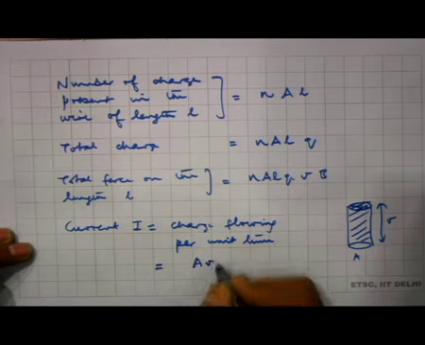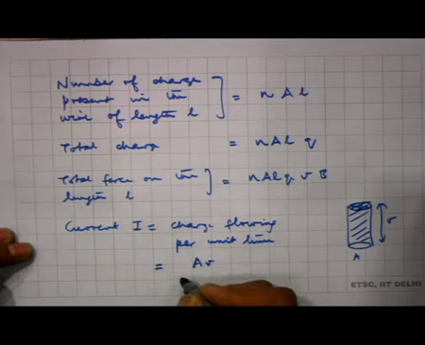A times V is the volume, the number density is n. So, the number of charges is n A V, and the total charge is n A V into Q, and that must be the current. So, that is the current flowing through the wire.